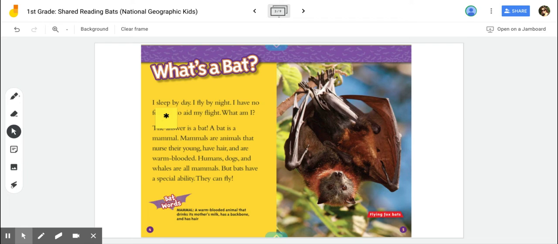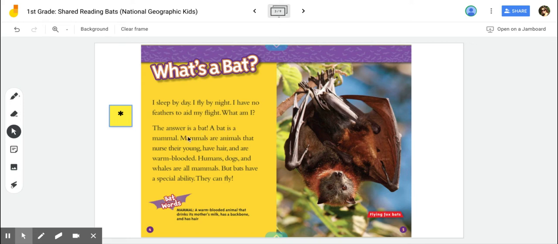I think it might be feather. Let's check. Let's slow check that word. Feathers. Feathers. Let's reread. I have no feathers to aid my flight. What am I? The answer is a bat.